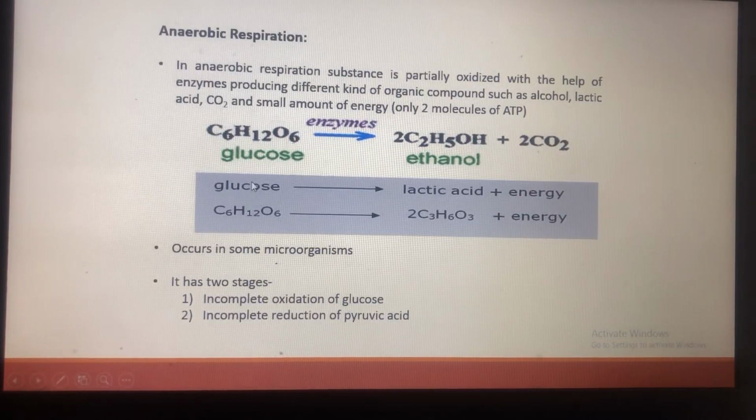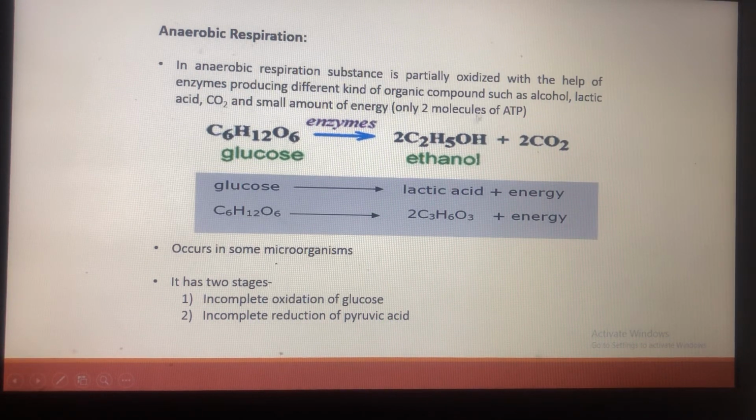Next is the anaerobic respiration, which occurs in absence of oxygen. Here, the substances, that means the food materials, are partially oxidized. Not fully, partially, because there is no oxygen, with the help of enzymes. So here instead of oxygen, the oxidation is done by some enzymes and produces different kinds of organic compounds such as alcohol, lactic acid, carbon dioxide, and a small amount of energy.